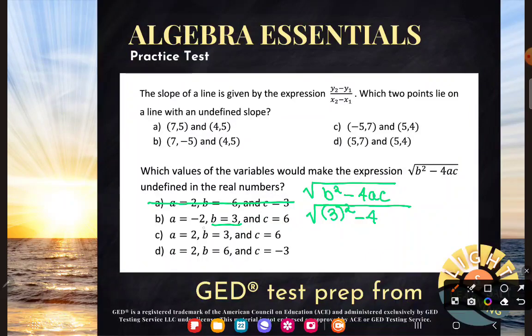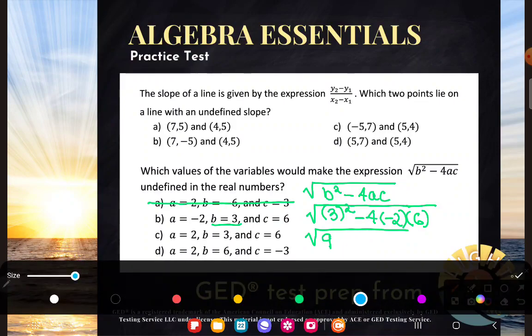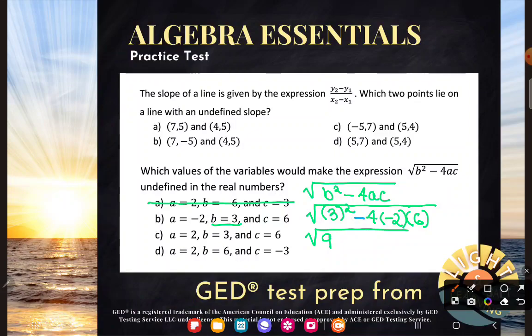And then minus 4, my a value here is negative 2. My c value here is 6. Okay, so I'm going to work inside that radical first. 3 squared is 9. And then take a look here. Do you see how I have that minus there and then I have another negative there? Yeah, a negative times a negative is a positive, so you're going to end up with a plus.